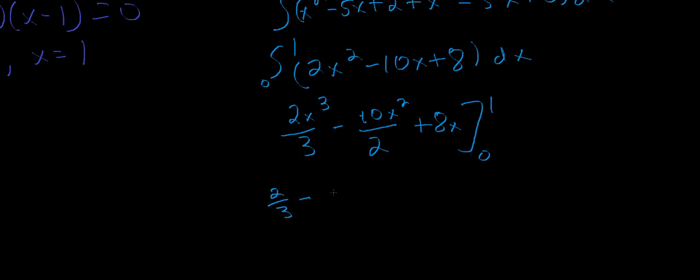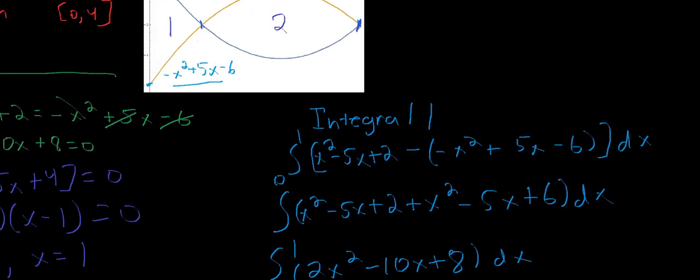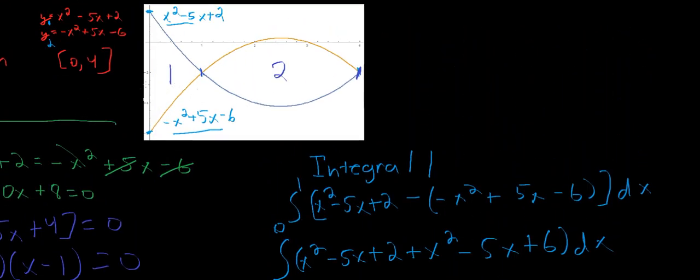So 2/3 minus 5 plus 8, and this will equal 11/3. Alright, but that's not the answer. We just figured out that this little area right here, our first area, is 11/3.